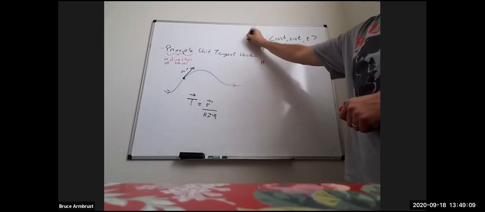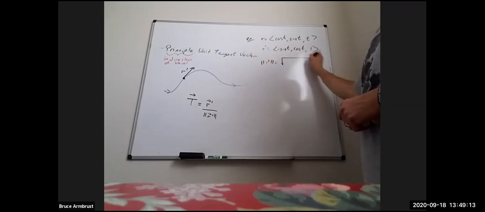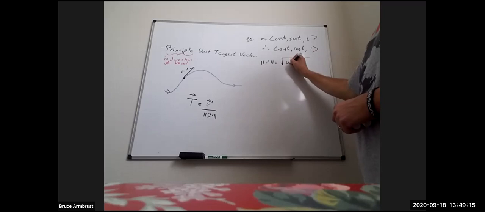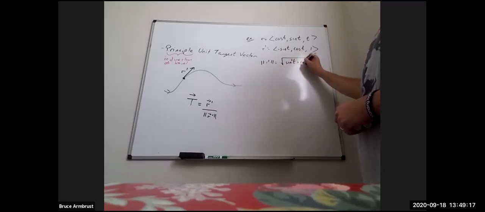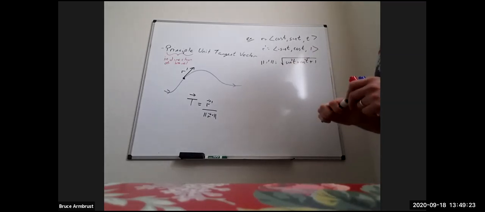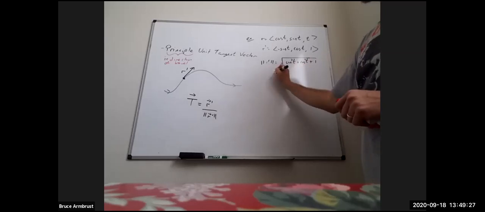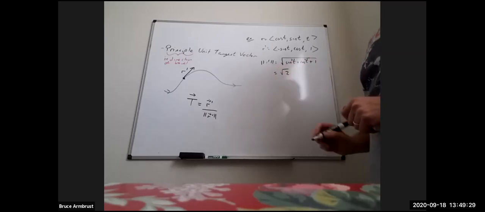So then we need to get the magnitude of r prime. So that's going to be the square root of sine squared plus cosine squared plus 1. Sine squared plus cosine squared, of course, is 1. 1 plus 1 is 2. So we get that this magnitude is the square root of 2.